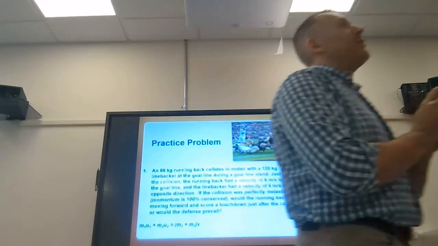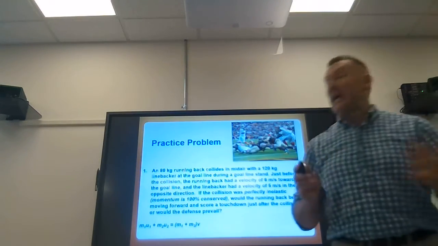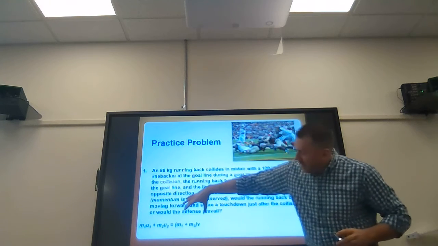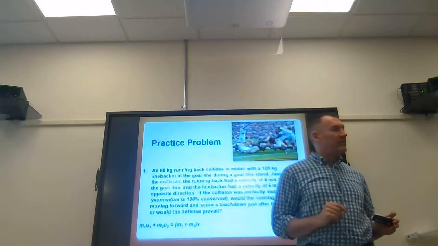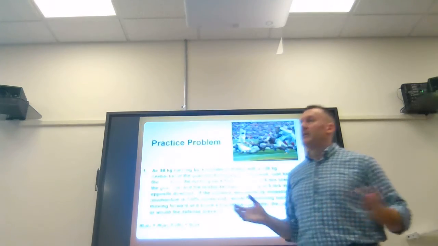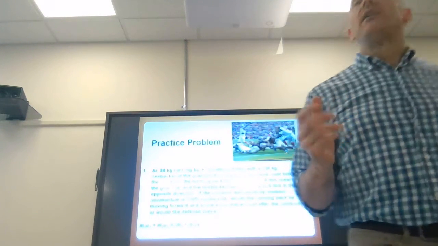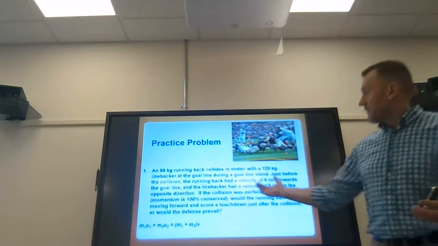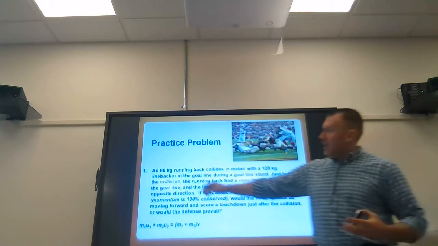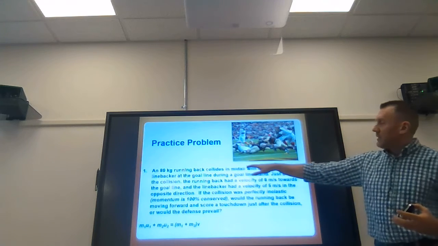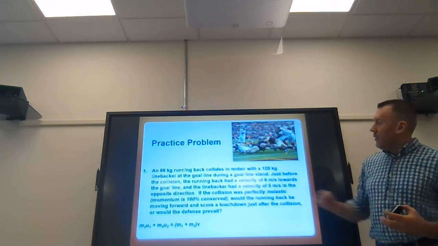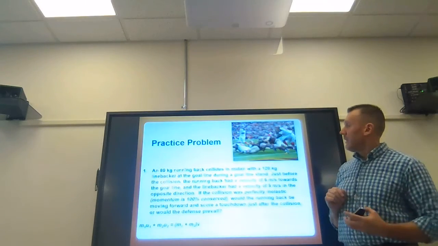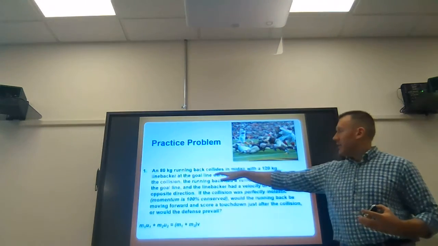So hypothetically, we're going to say that the momentum is conserved from before to after. In reality, there's a loss of momentum due to pads that absorb the impact, but just for the sake of example, an 80-kilogram running back collides in midair with a 120-kilogram linebacker at the goal line during a goal line stand.